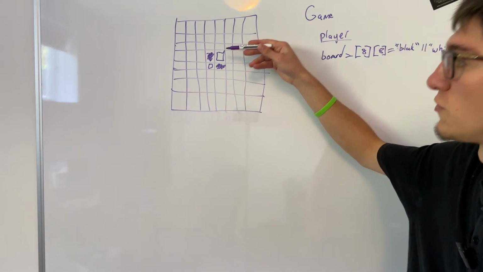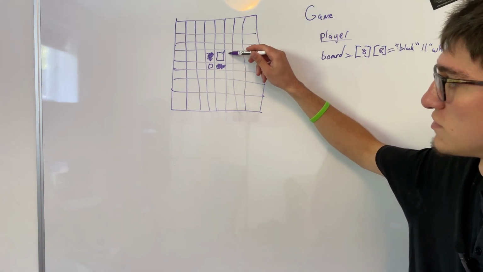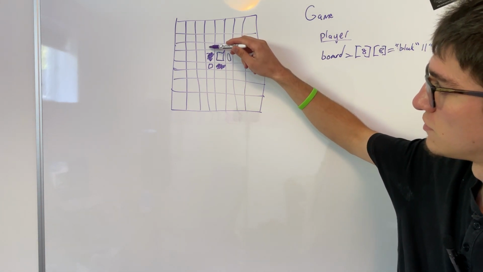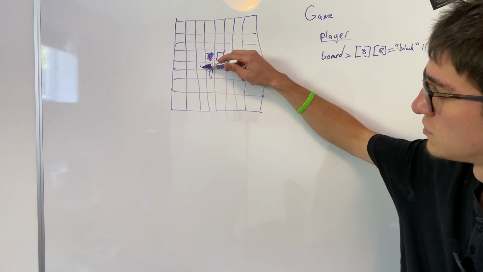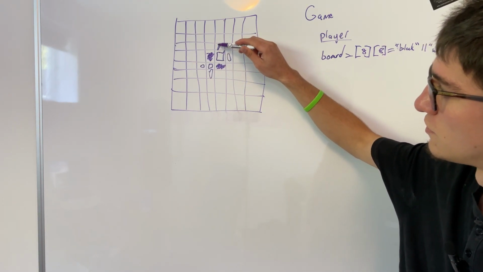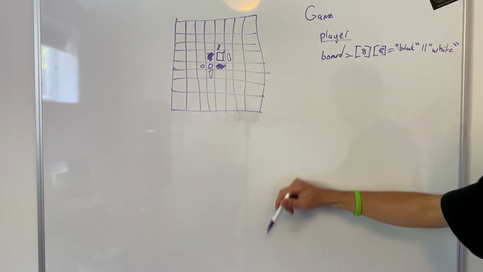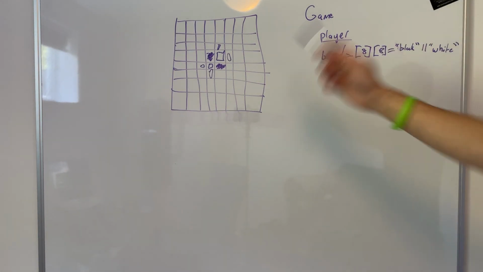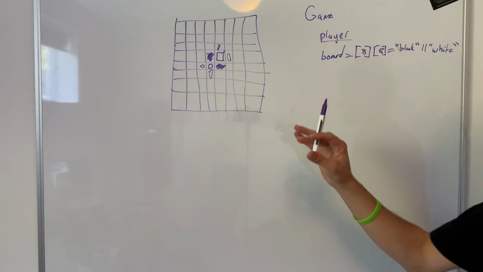So let's say we're currently black, right? So black has this one, this one, this one, and this one, right? To get that, we first need another function.